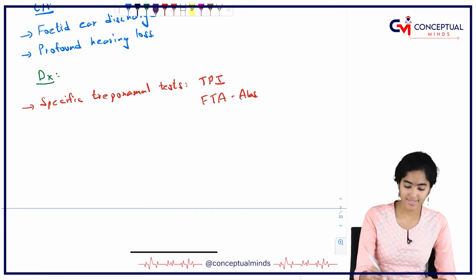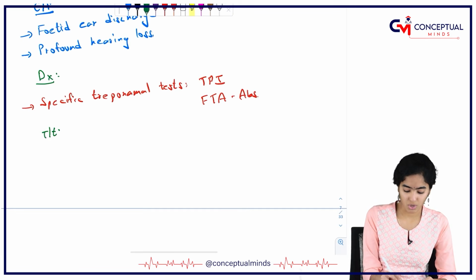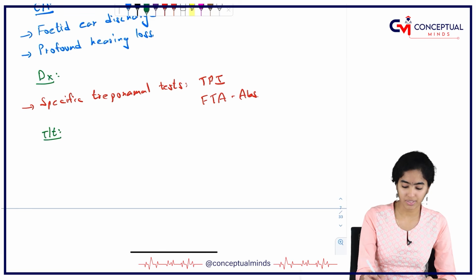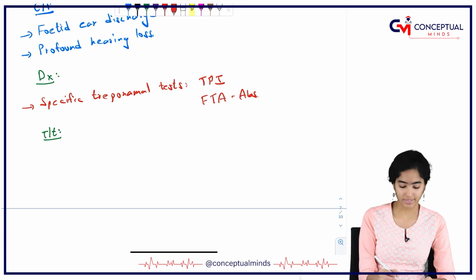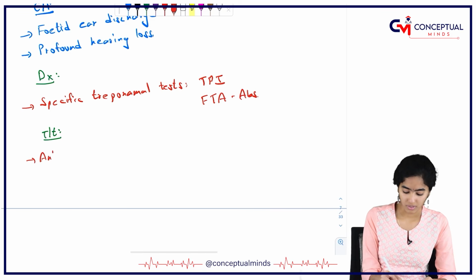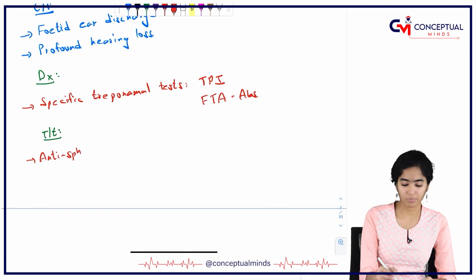Treatment of the disease consists of giving anti-syphilitic therapy, plus local care of the ear has to be taken. If there are any secondary pyogenic infections, they have to be treated.